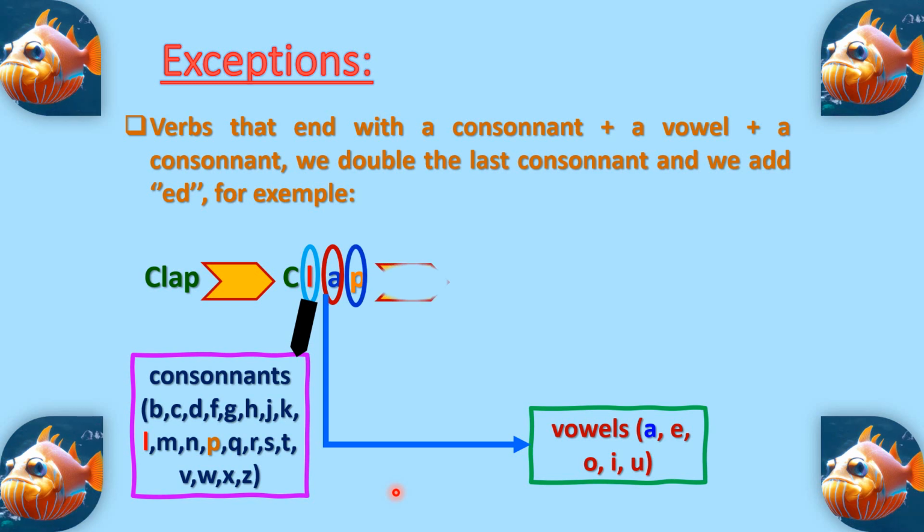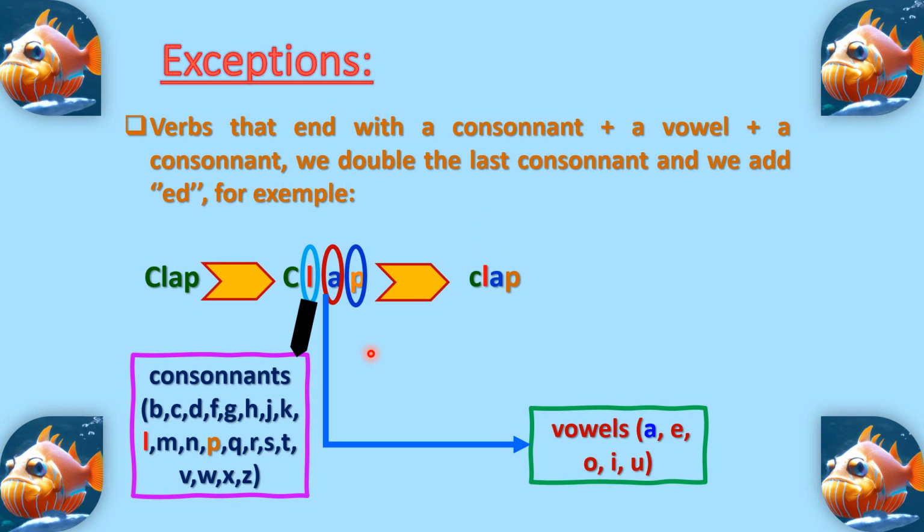P is also a consonant. Here we are going to apply the rule which says a consonant plus a vowel plus a consonant: we double the last consonant, which means the P. We will write another P, we put 2P at the end.